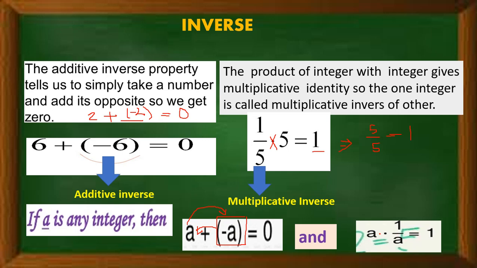In the multiplication case, a is the multiplicative inverse of 1 upon a and 1 upon a is the multiplicative inverse of a. So in both the addition operation and the multiplication operation, the integers a and minus a are known as additive inverses of each other, and a and 1 upon a are known as multiplicative inverses of each other.